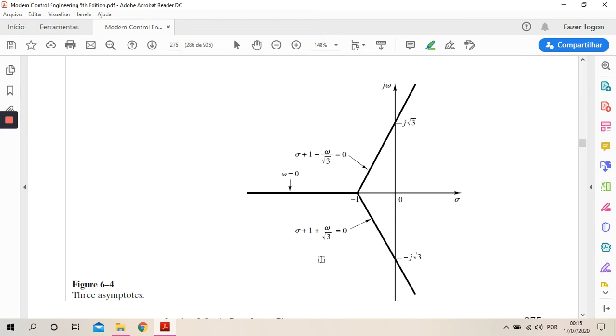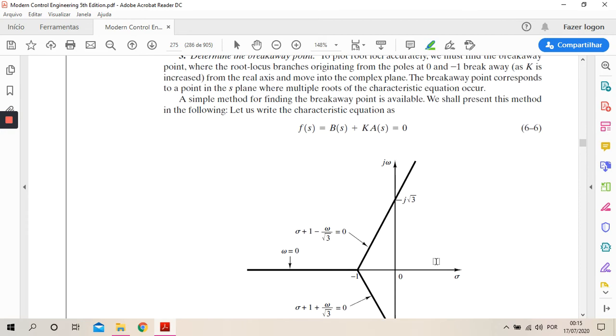And the other line, sigma plus 1 plus w divided by the square root of 3 equal to 0, begins at negative 1 on the real axis and crosses the imaginary axis at negative j times the square root of 3.